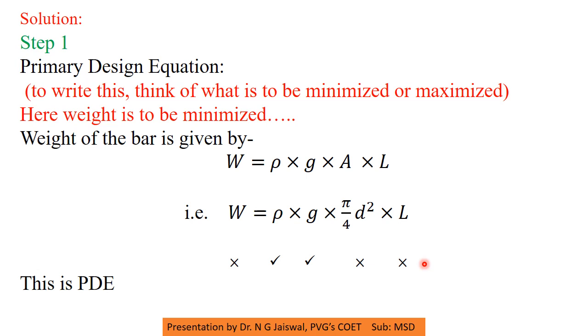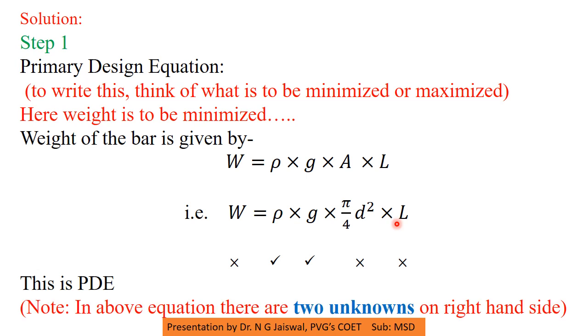Our further entire task will be to replace this unknown d square and L in terms of some known parameters. So again, a note is written. In the above equation, there are two unknowns on the right hand side.